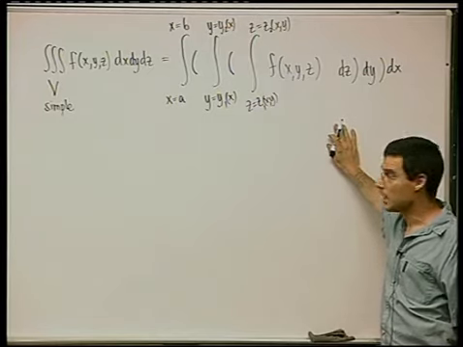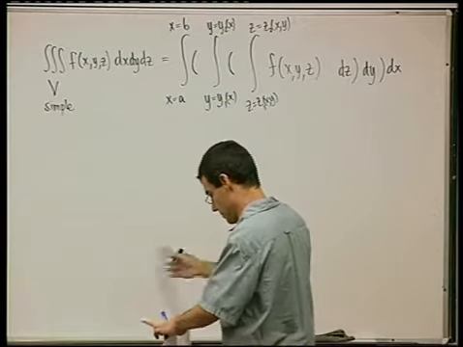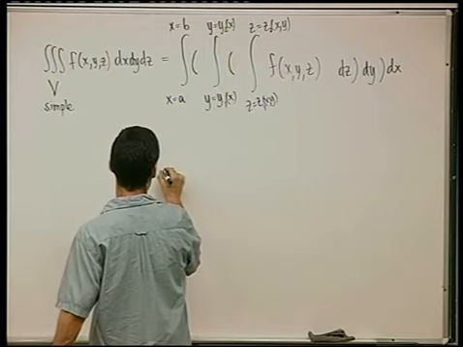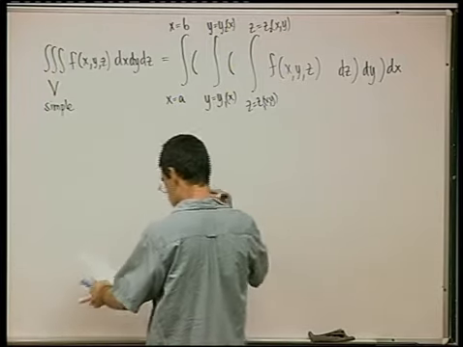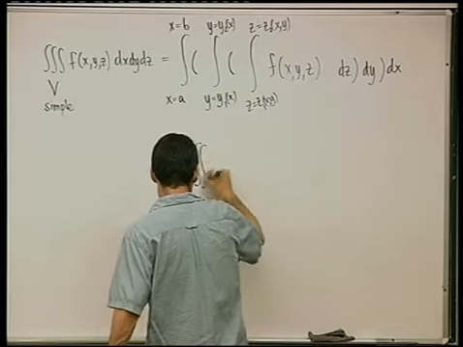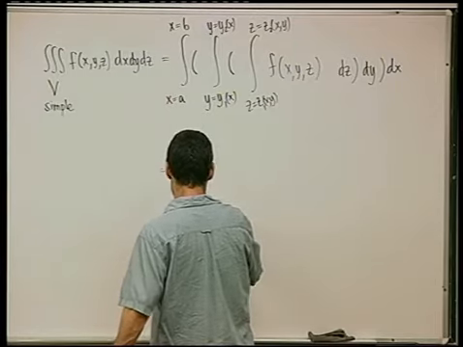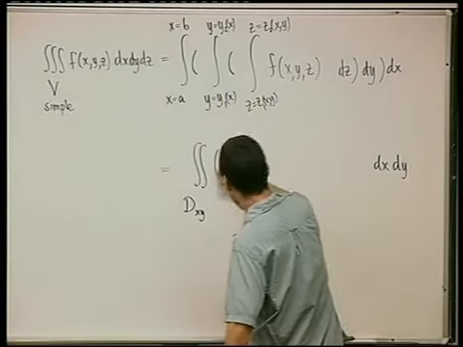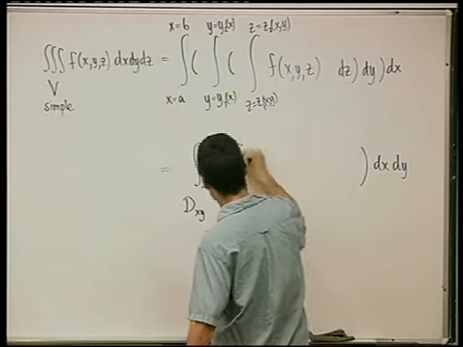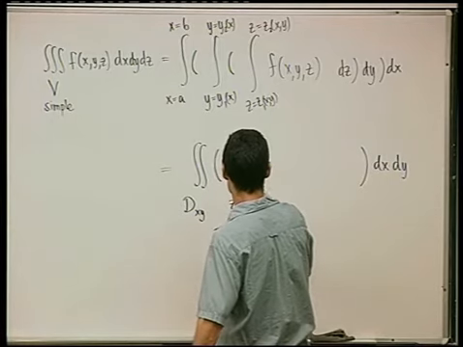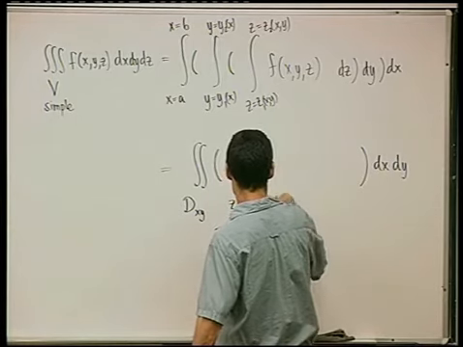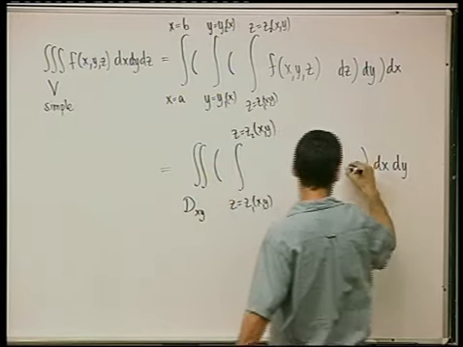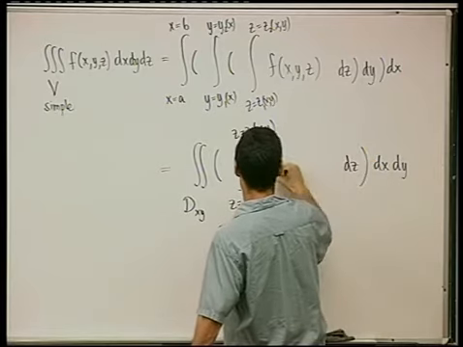One remark, sometimes you're going to see it written, sometimes we're going to write it, another way of writing it, as a double integral over the domain Dxy, dx dy, of a single integral where z goes from z1 of xy to z2 of xy, dz, and then you have f of xyz.